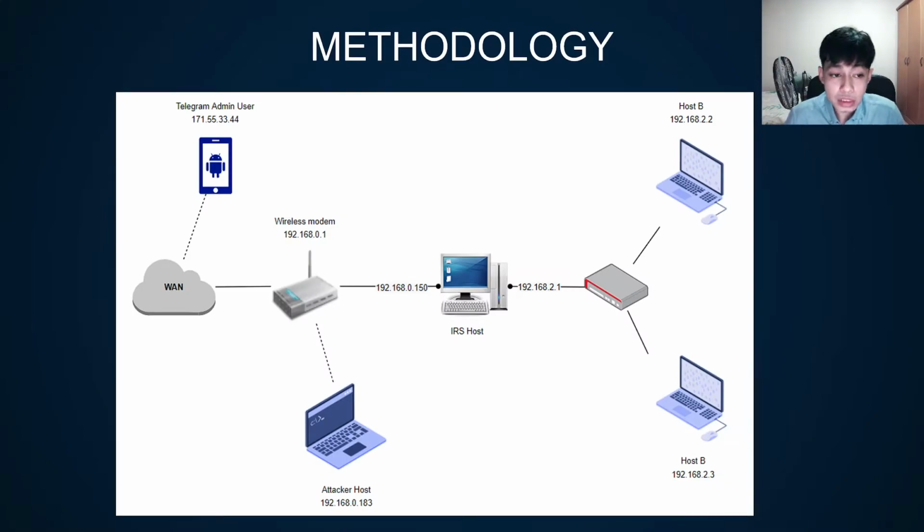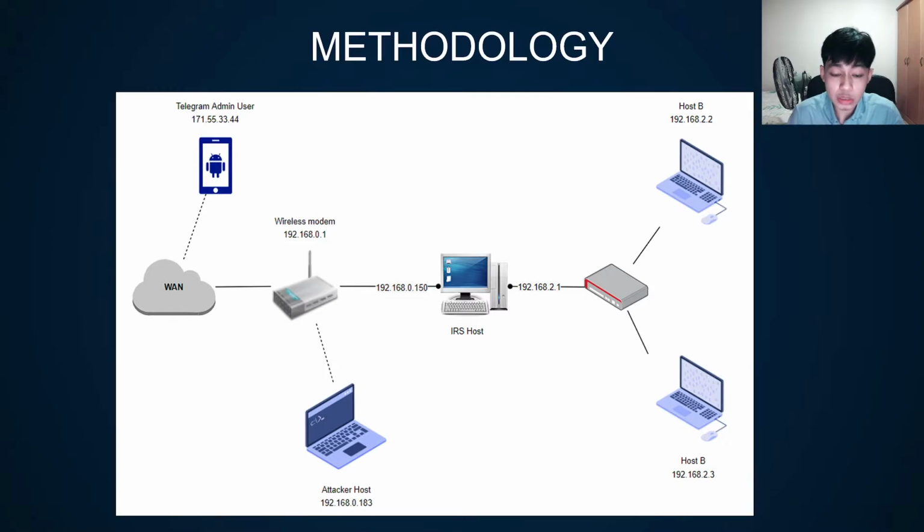So in the physical design, as we can see in the figure, the attacker host will launch the attack from outside of the network infrastructure to attack the internal network, which contains two hosts, the FTP host and the web host. The traffic will go through the wireless modem and then through the IRS host.